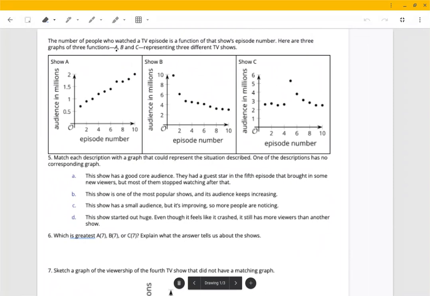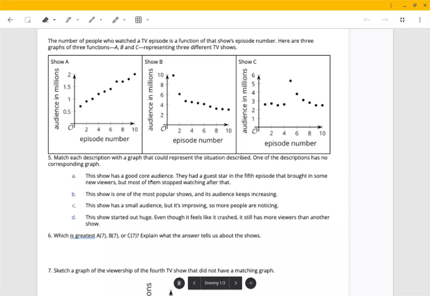Here are three functions, A, B, and C, representing three different shows. Match each description with a graph that could represent the situation described. One of the descriptions has no corresponding graph.